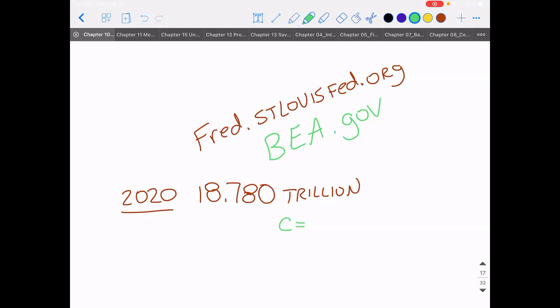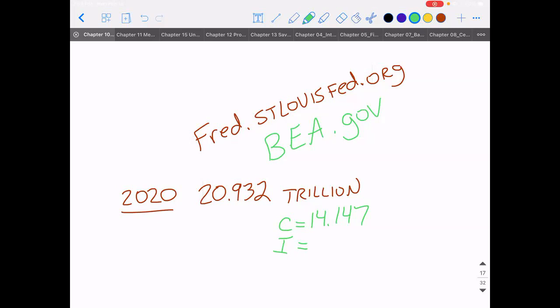Consumption. Okay, it's actually giving me slightly different numbers here. For consumption, it's giving me 14.147.